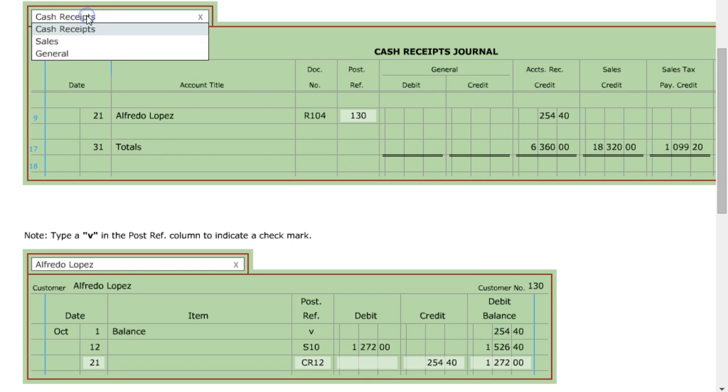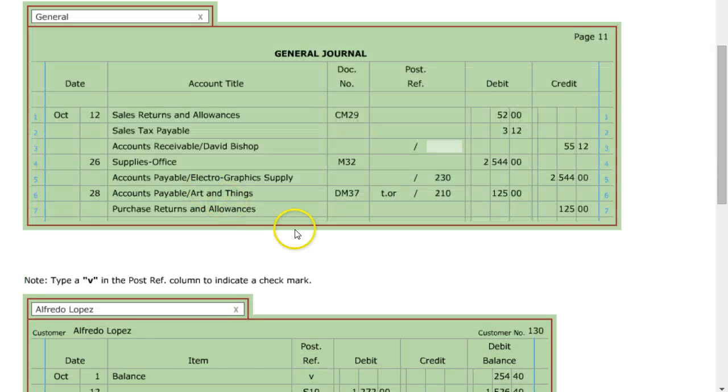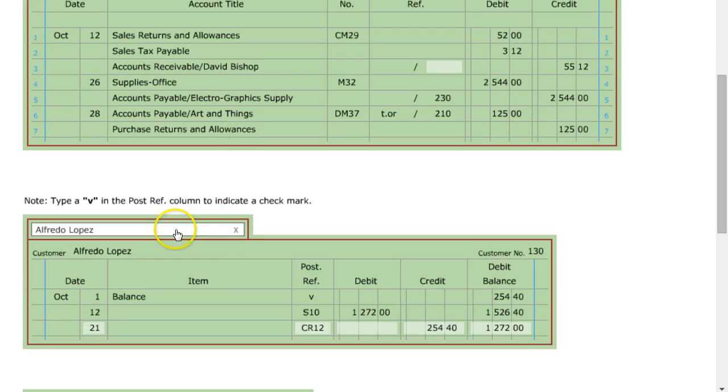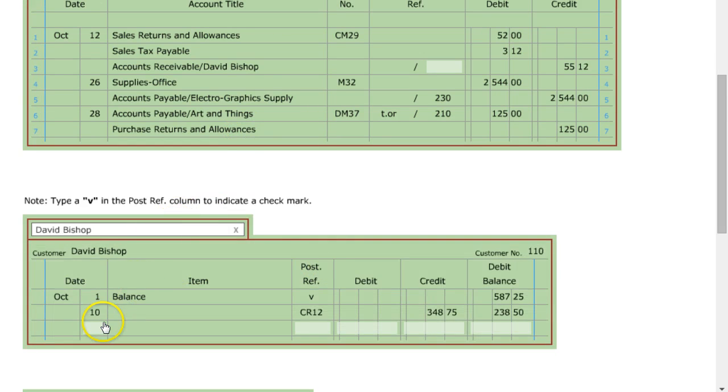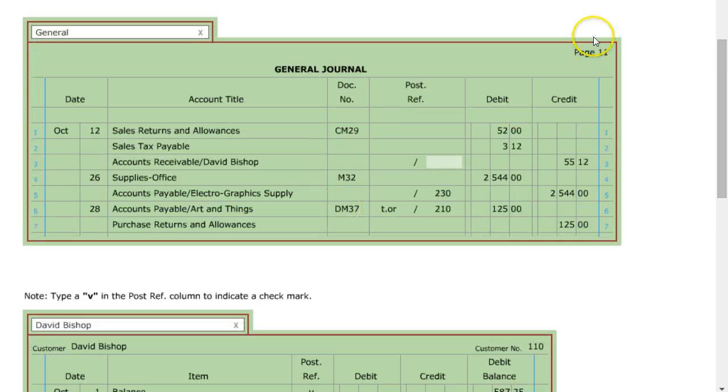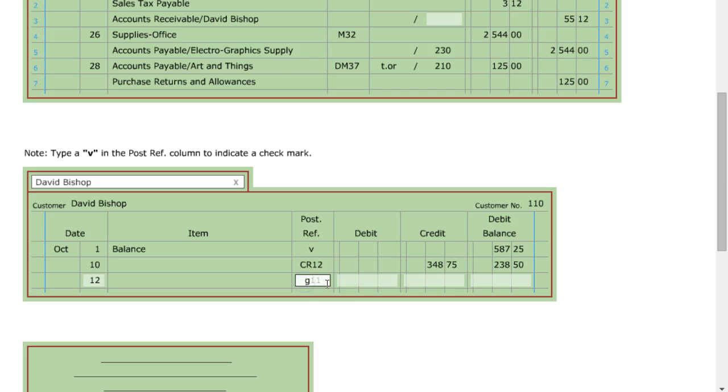All right, the next set of directions tells us to go to the general journal, and you'll notice there's only one transaction we have to worry about, and that's for David Bishop. So we'll put David Bishop's name right here. There's a transaction for David Bishop on the 12th, so we'll put down the 12th. We'll put down where we got it, which was General Journal page 11.